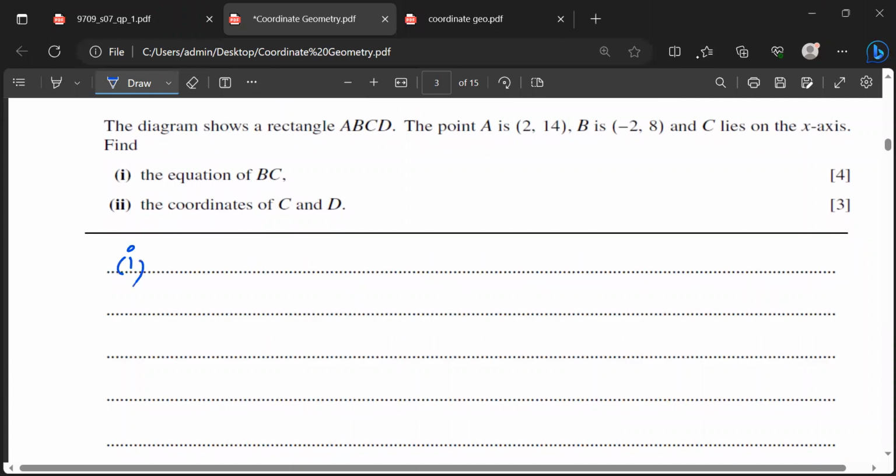So working for part 1, gradient of AB. The points A and B are given.